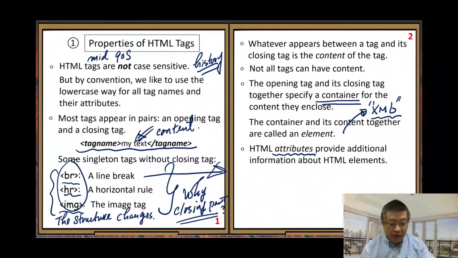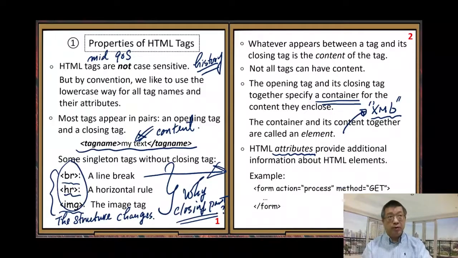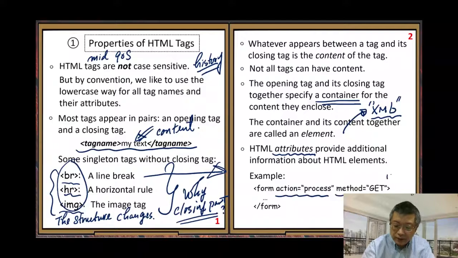Let me give you a simple example using attributes. In the form tag, we want to do a few more things. We need to use an action attribute and a method attribute. We want to tell the browser, when you process this tag, we want to pass two new pieces of information to you.